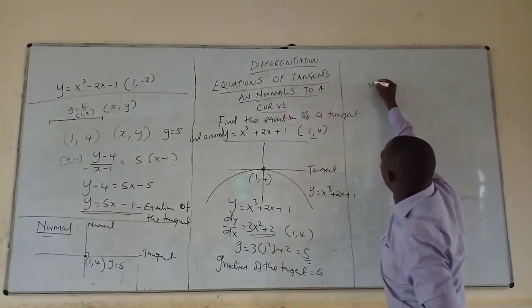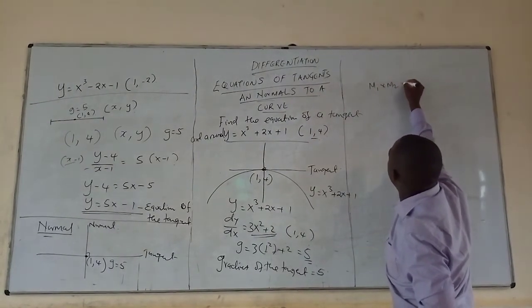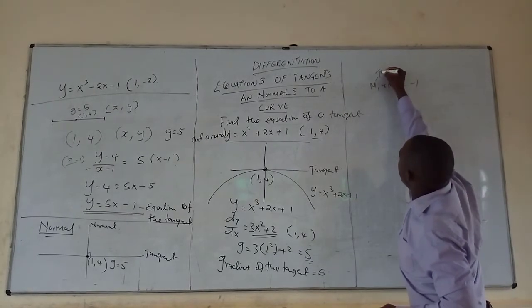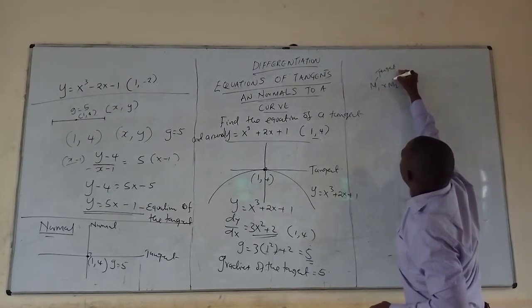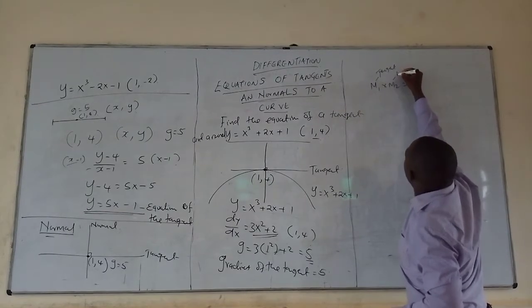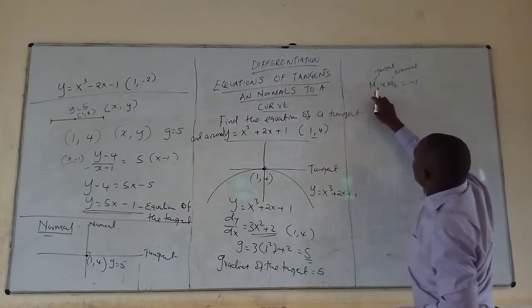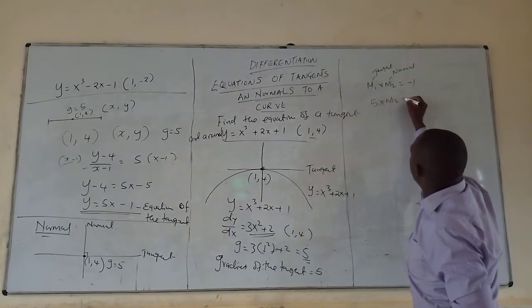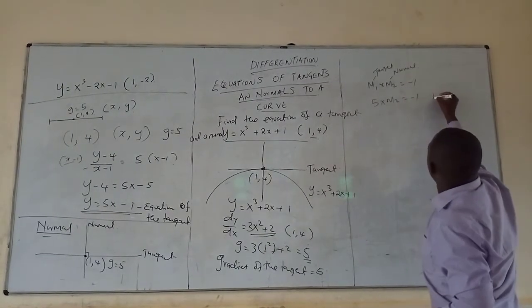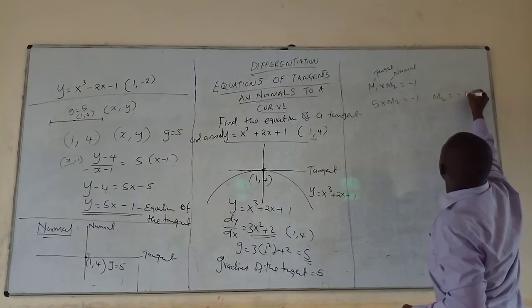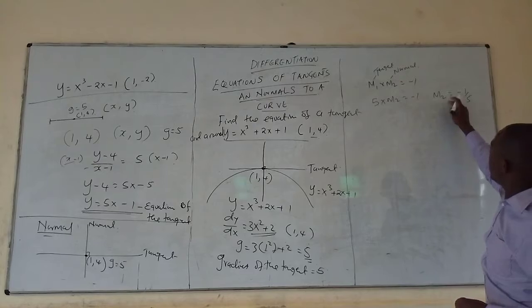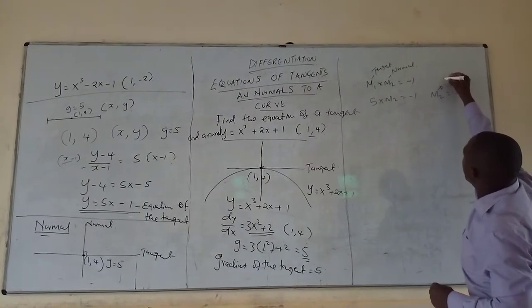You remember m1 times m2 is -1. So m1 is for the tangent and m2 is for the normal. So m1 for the tangent is 5, times m2, the answer is going to be -1. So m2 is going to be -1/5. That is the gradient of the normal.